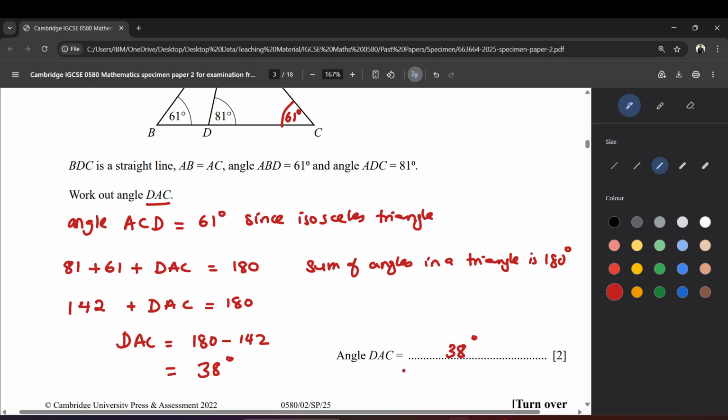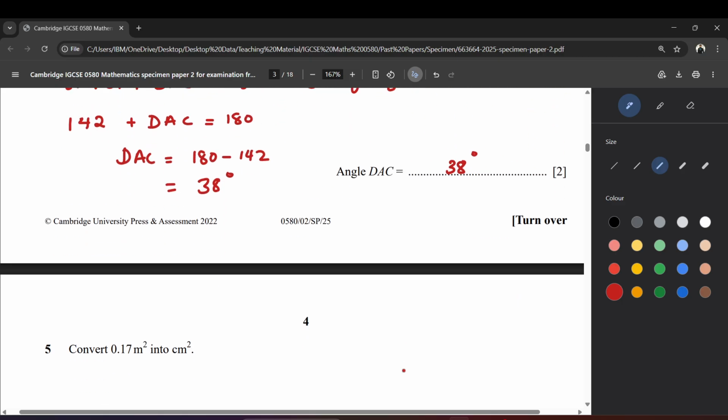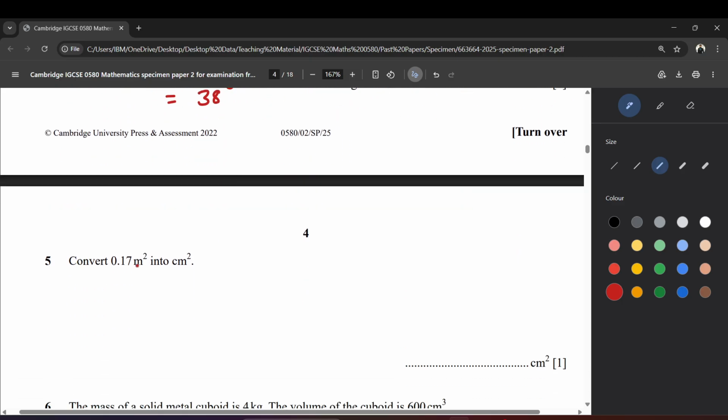Okay. All right. Question number 5. Convert 0.17 meter squared into centimeter squared. Okay. First of all, our basic units used here are meter and centimeter. So let me write the conversion factor. 1 meter is equal to 100 centimeters, right?